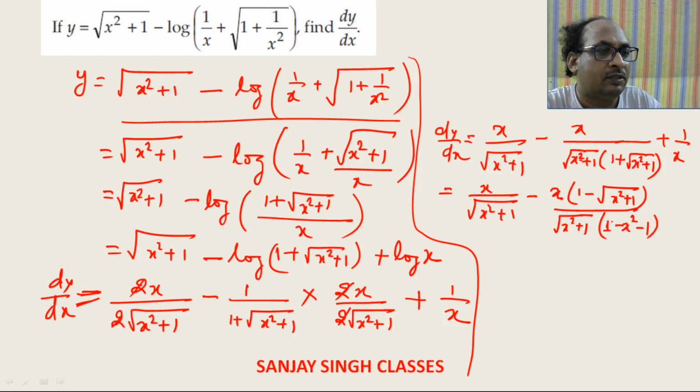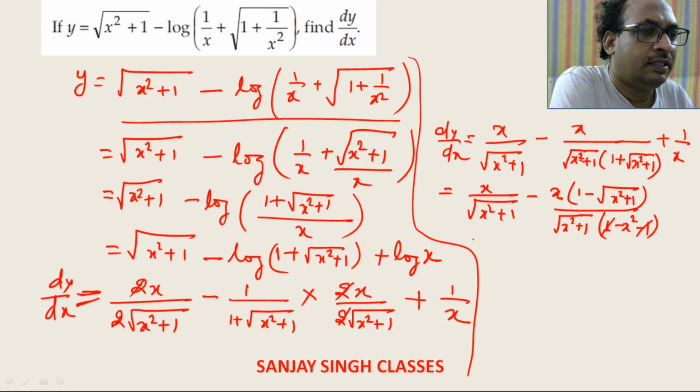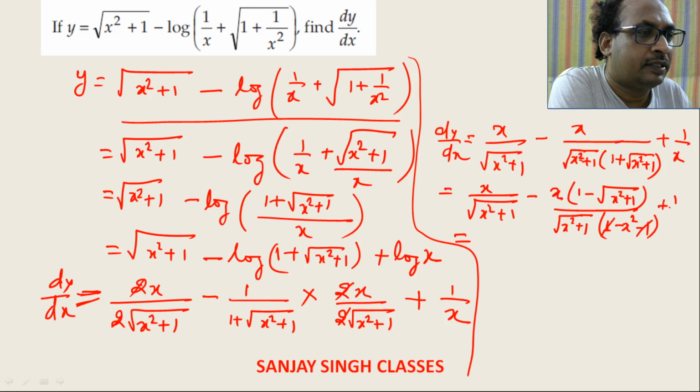Okay. So this we have got, right. This 1 and 1 will cancel, right. Left with plus 1 by x.